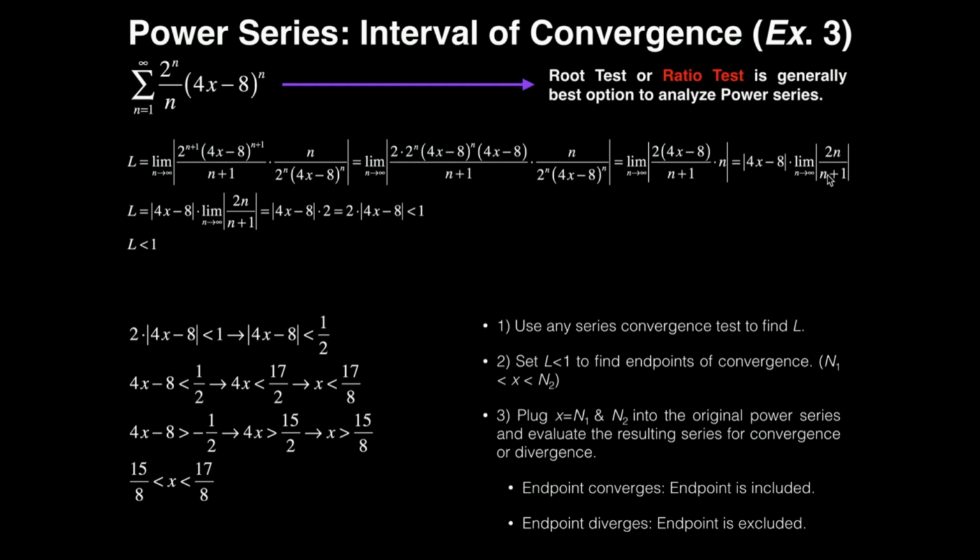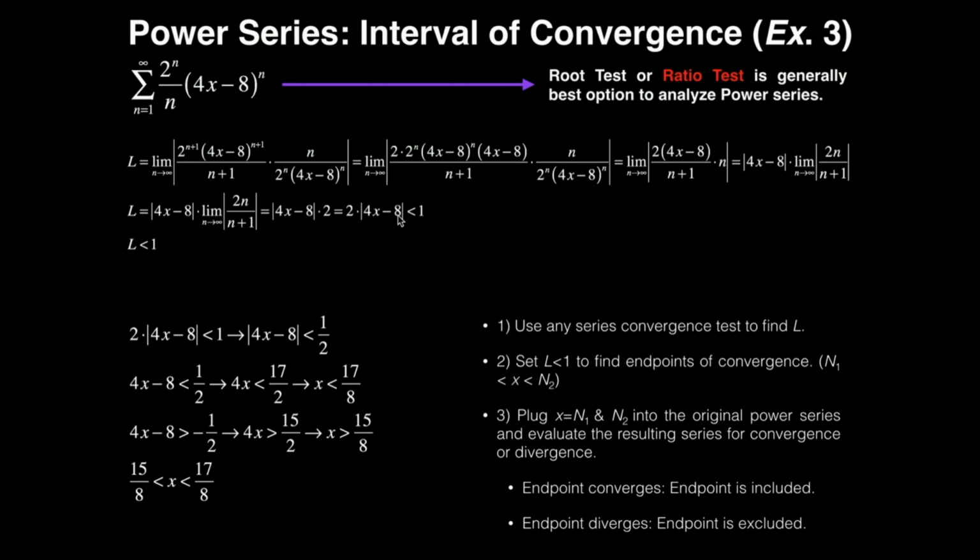And again, absolute value in here, but it's not really as important there. The limit as n goes to infinity of 2n over n plus 1, you can evaluate with any method you want. It should be pretty obvious, either by the exponent rule for evaluating these or L'Hopital's rule, that the limit is just 2. All right, so the limit is the absolute value of 4x minus 8 times 2, and I can throw the 2 out in front. So 2 times the absolute value of 4x minus 8.